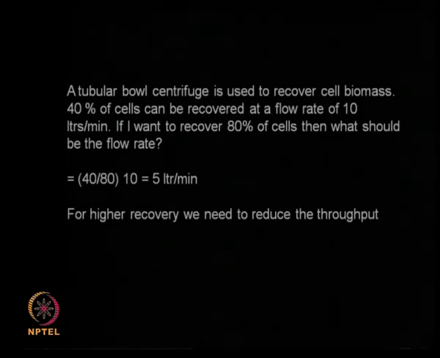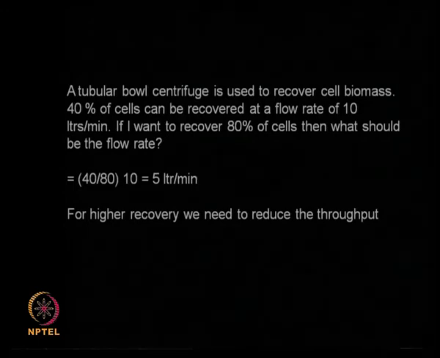So we are using a tubular bowl centrifuge to recover cell biomass. If I use 10 liters per minute, I am able to recover 40% of the cells, but then I need to recover 80% of the cells. So what should be the throughput or the flow rate? It will be directly proportional to the percentage recovery.